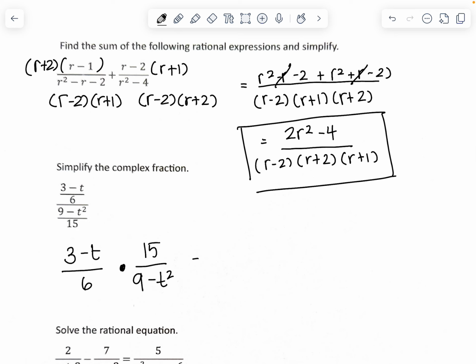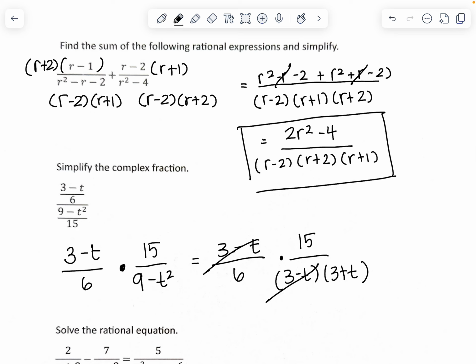We can't factor the first one, but we can factor the second one. So 3 minus t over 6 times 15 over 3 minus t times 3 plus t, because those are difference of perfect squares. That means now this and this can go away.